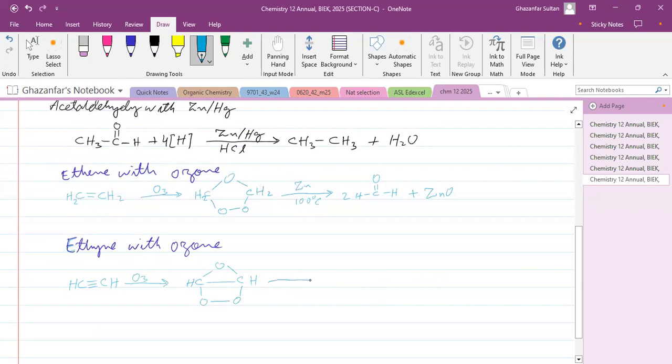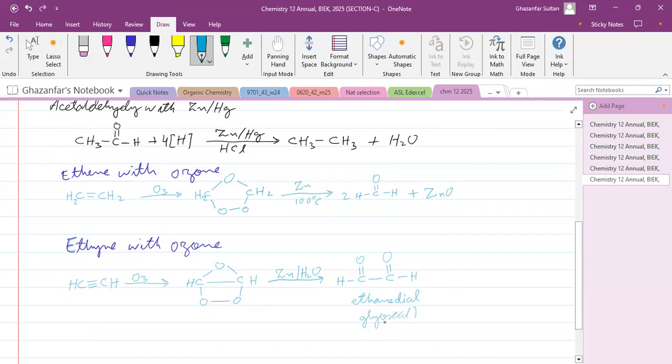And then the next reaction is with a slightly different reagent, that is zinc and water. As a result, ethanedial is produced, that is also called glyoxal.